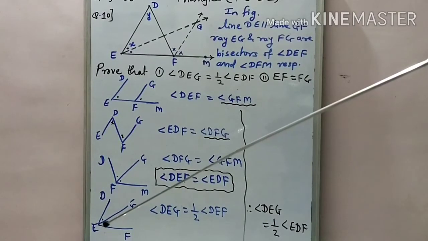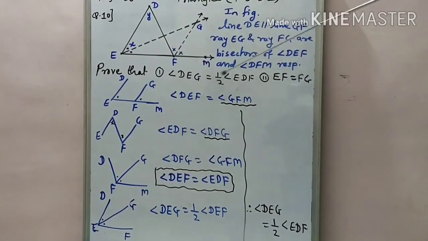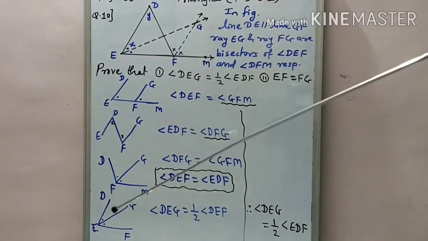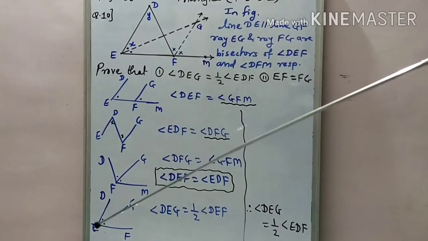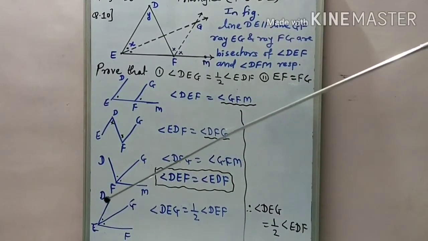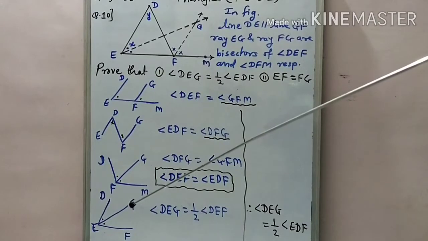As again here it is given that the ray EG is the bisector of angle DEF, means that ray EG divides that angle DEF into equal parts, and each part is half of that angle DEF, means angle DEG is equal to what?